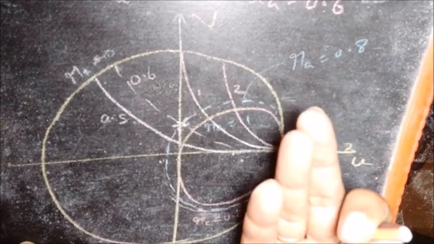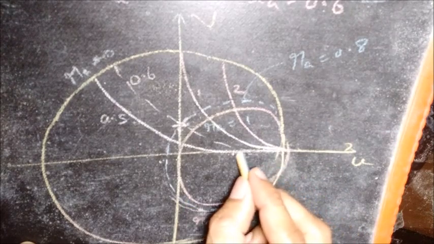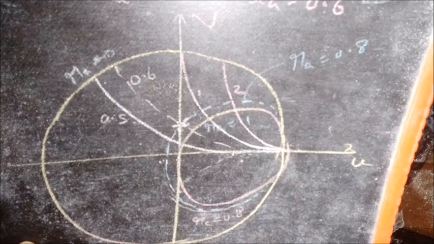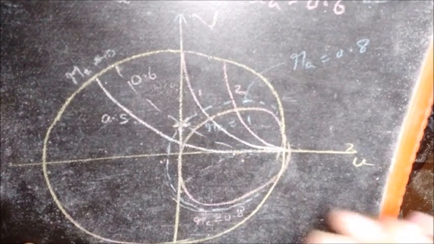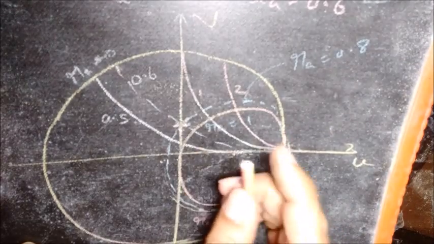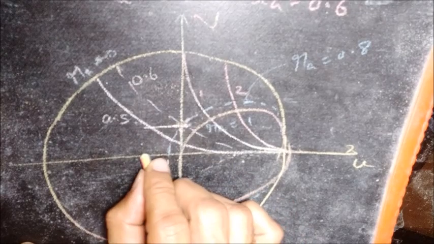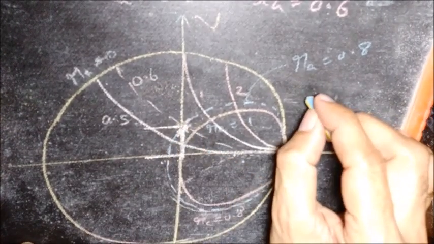If by chance XA was minus 0.6, then it would have been somewhere here, the reflection of this. Okay, so this is the point which represents the normalized impedance, and consequently this will be our reflection coefficient.